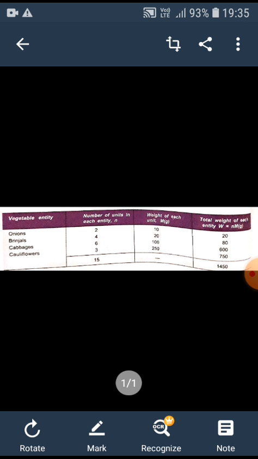We multiply 2 upon 15 by 10 and we get 1.33. This is the contribution made by onions towards the average weight of vegetables in the basket. Similarly, we will find out the contributions made by 4 brinjals, 6 cabbages and 3 cauliflowers to the average weight of vegetables in the basket.